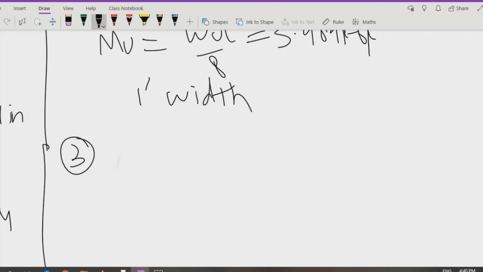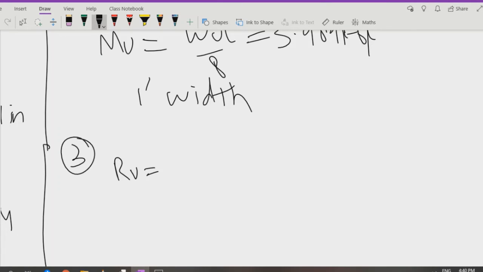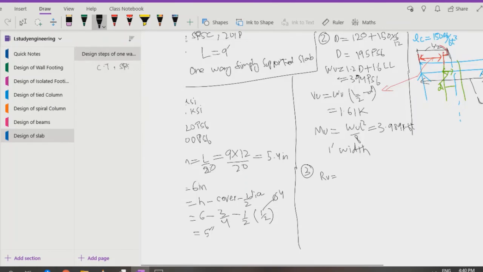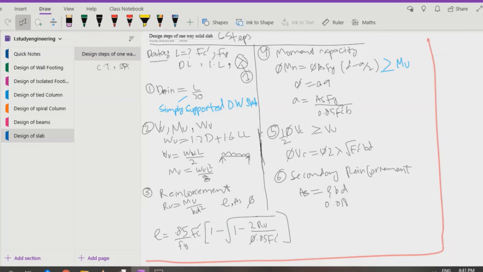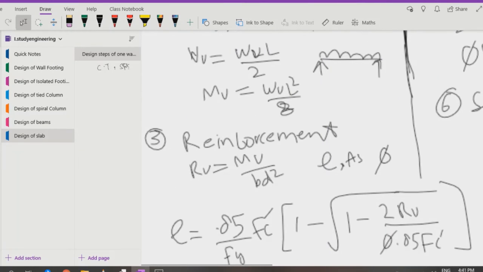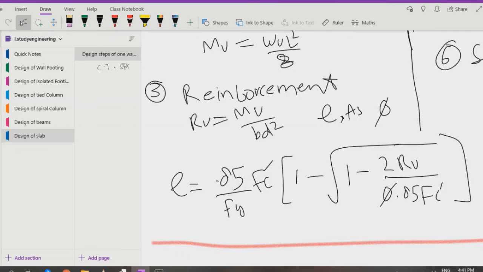We have Mu, we will calculate Ru. To find this, you should watch the video of Slab Design part 1 for the formula of Ru. I can show you here. These are the formulas for Ru and rho.